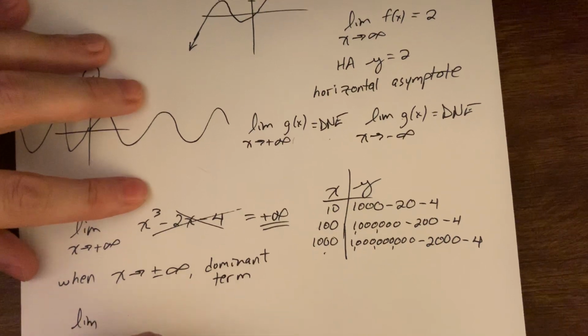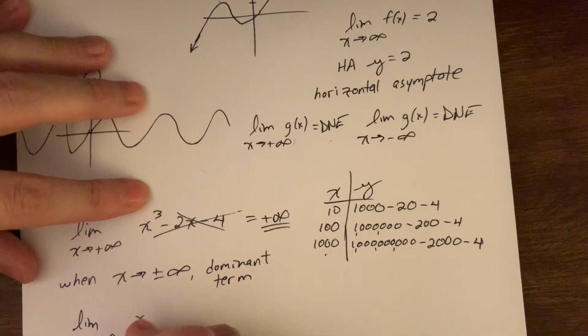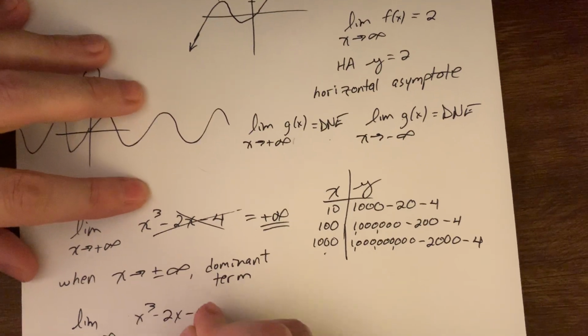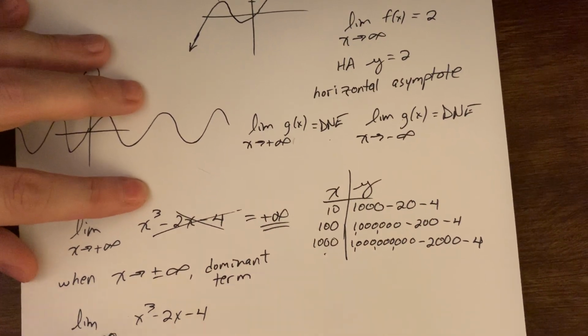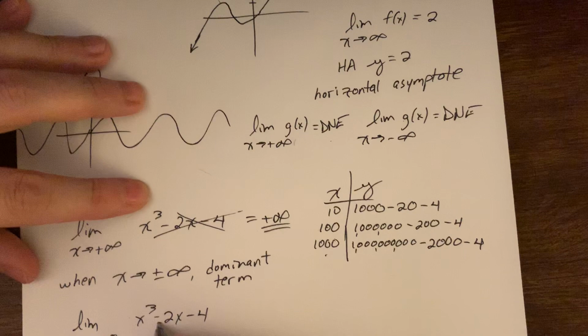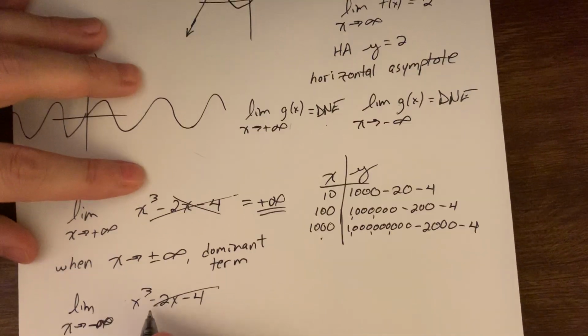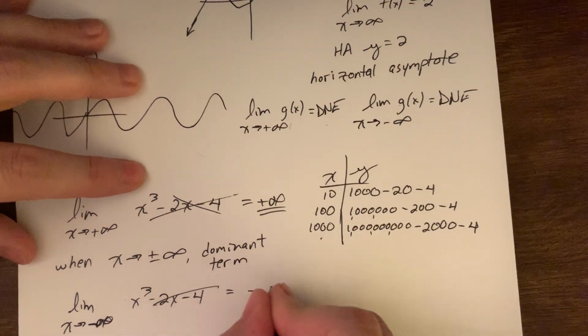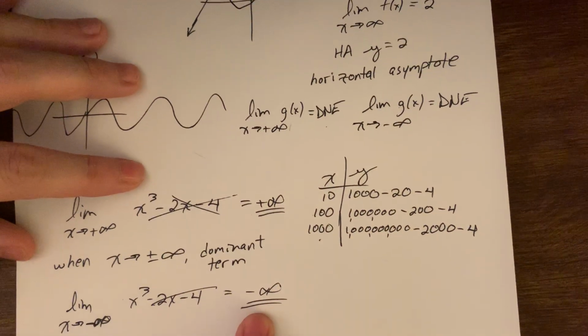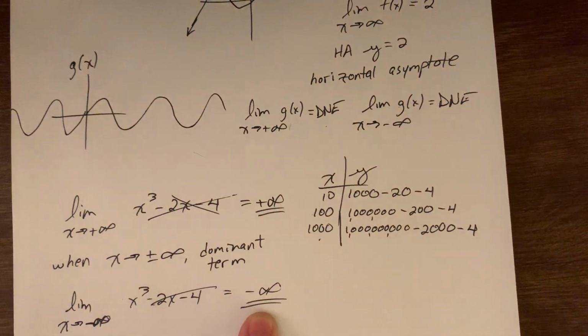Similarly, if I did that same function, x cubed minus 2x minus 4, and now I let x approach minus infinity, I'd still get to ignore these terms, and I could just focus on the x cubed, but now I have a huge negative number. A huge negative number cubed is still a huge negative number, so I would get negative infinity.